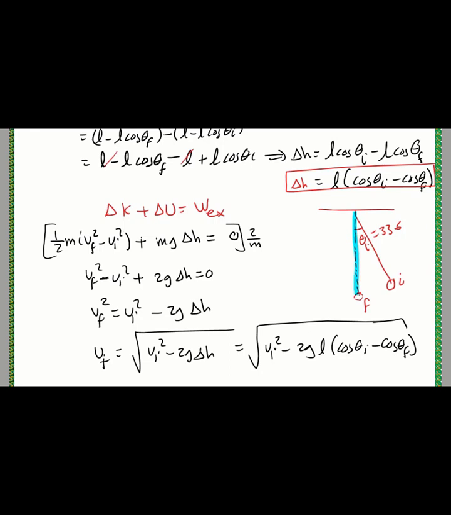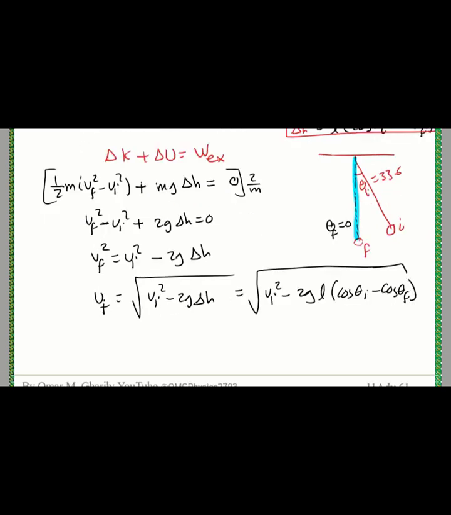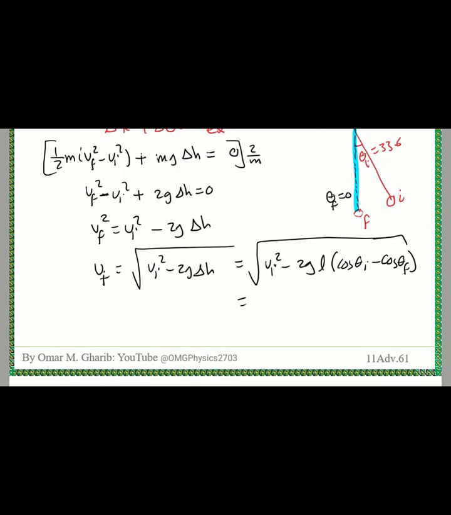It is 0 because it coincides with the vertical. So theta final equals 0. Now substitute here: square root of V initial 0 minus 2 times 9.8 times the length of the rope, which is 3, times cosine theta initial minus cosine theta final, which is 0. And that's it. Use your calculator.